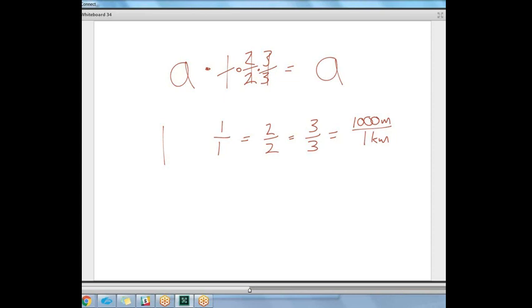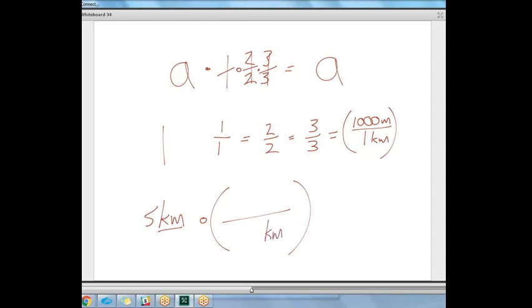Those are all the same value, aren't they? As long as you're writing a fraction and the numerator equals the denominator, you can multiply it through there and nothing is going to get really screwed up. So that becomes useful when we want to keep track of the numbers as the words or the descriptions of them change.